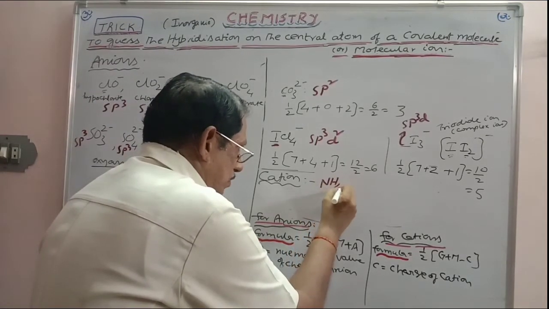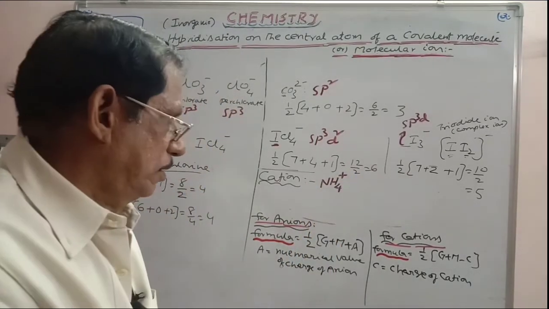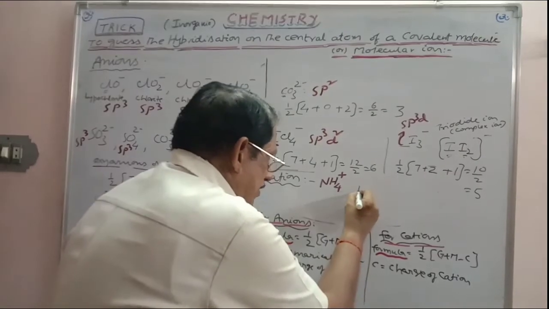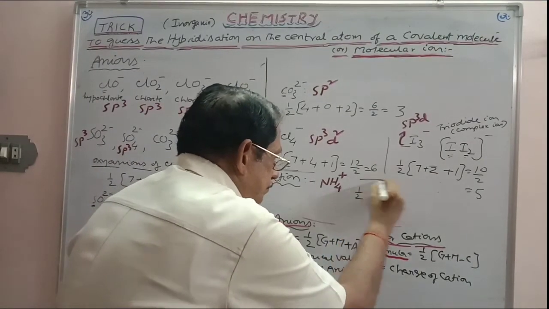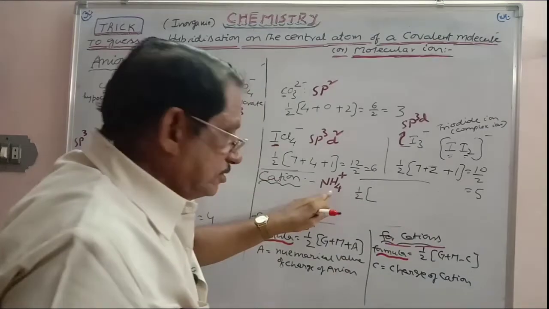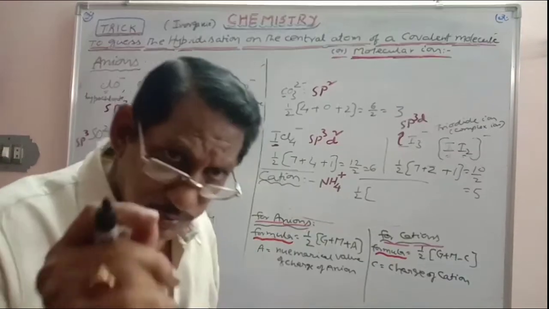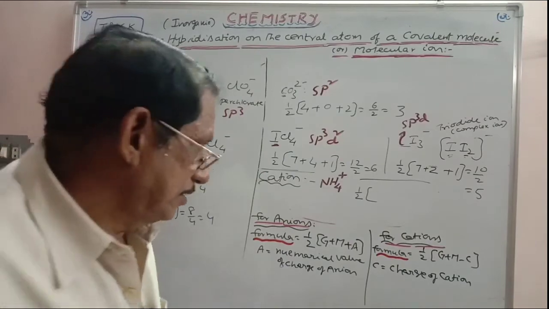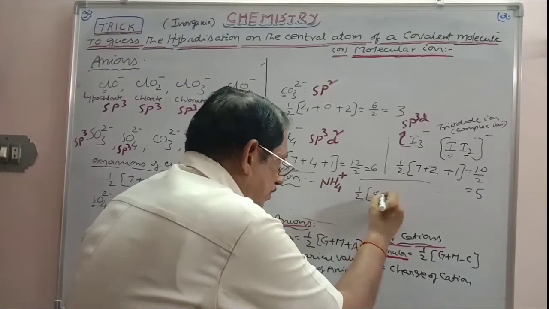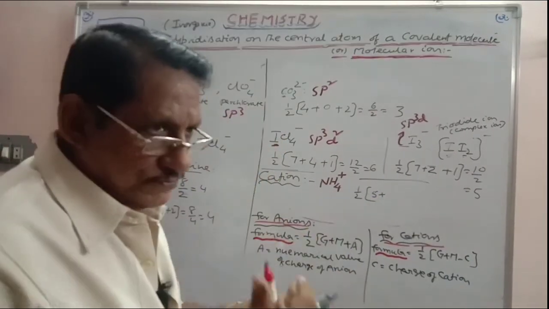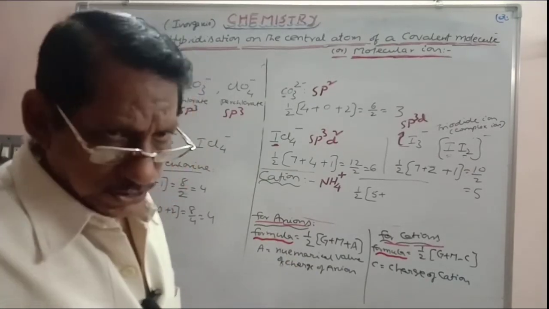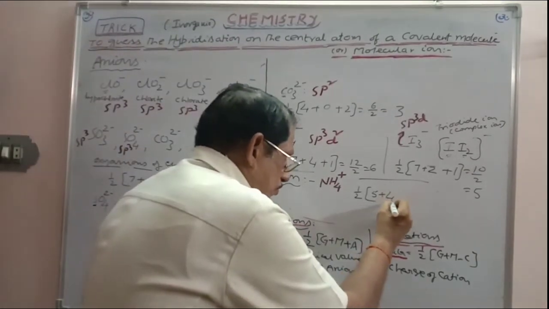This is a cation. What is the surrounding atom here? Hydrogens are surrounding atoms. Nitrogen is the central atom. Charge is +1. Nitrogen belongs to the fifth group. That means G is equal to 5 here. Plus surrounding atoms are hydrogens, 4 hydrogens. Hydrogen is monovalent. So 4 into 1, 4.